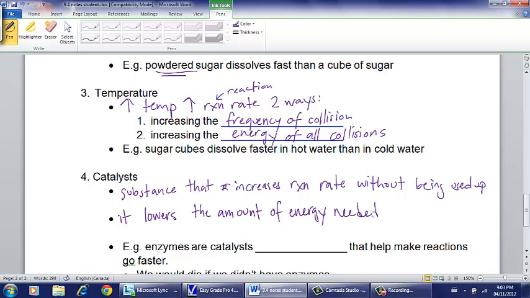Enzymes are an example of catalysts, and they're catalysts in living organisms that help make reactions go faster.